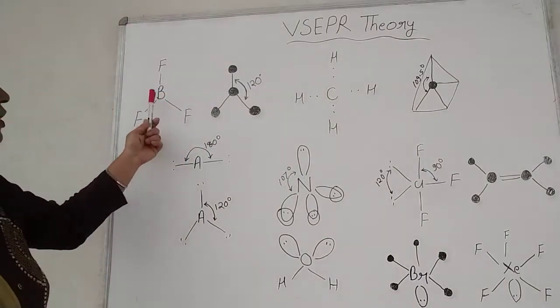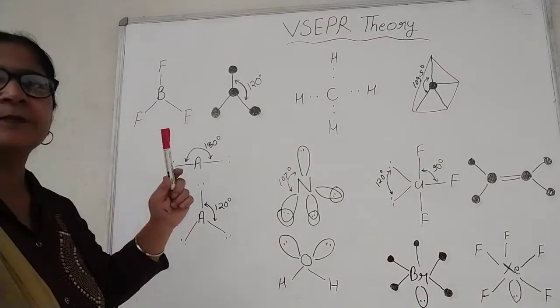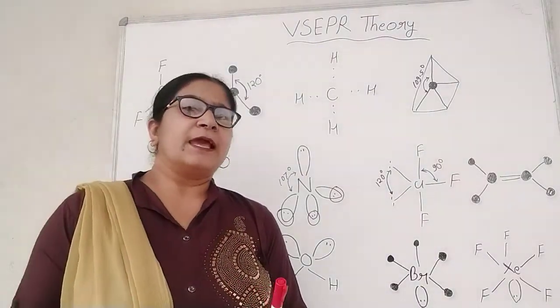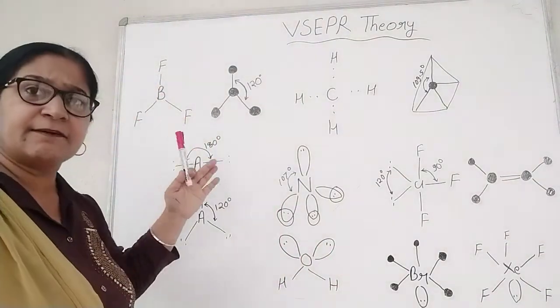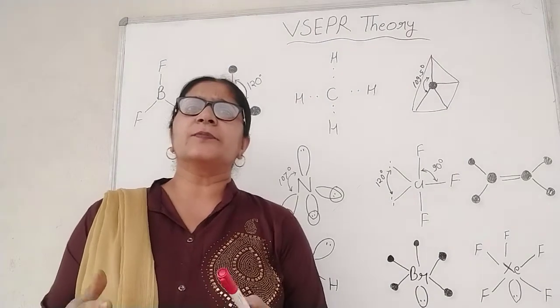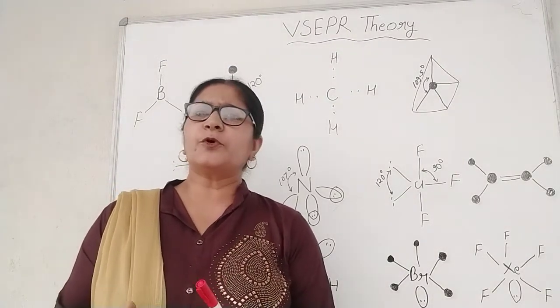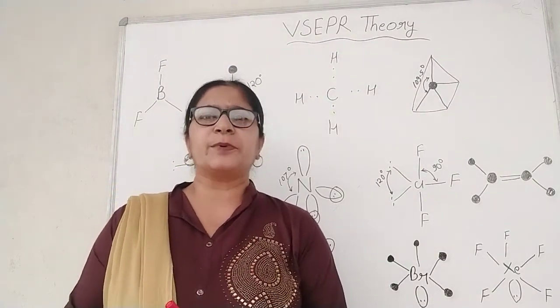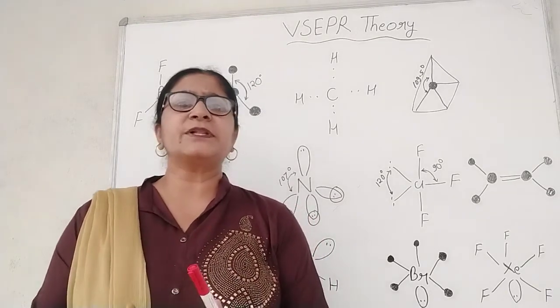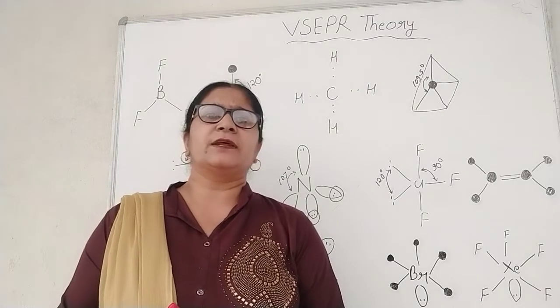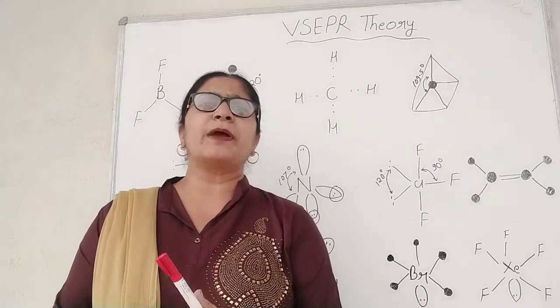In BF3, as the electron pair is a negatively charged cloud around fluorine, the bonded atoms move apart to minimize repulsion between the electron pairs. To minimize the repulsion, the distance between the bonded atoms has to be maximum.